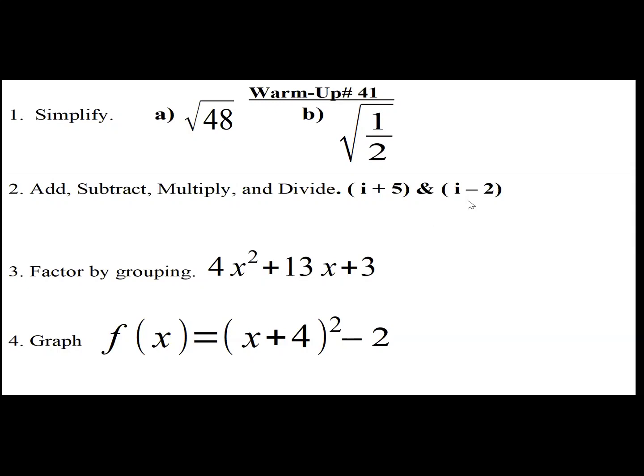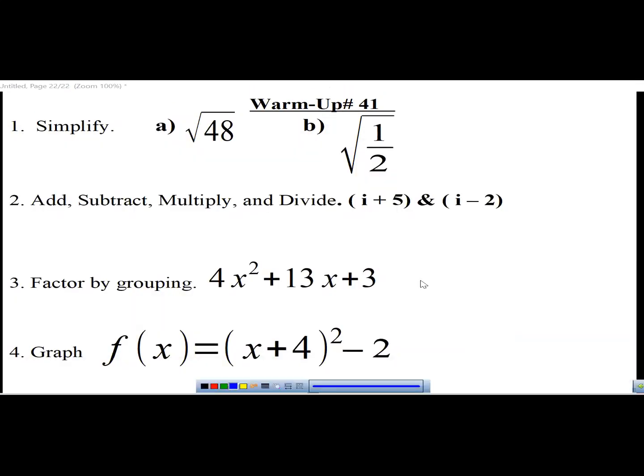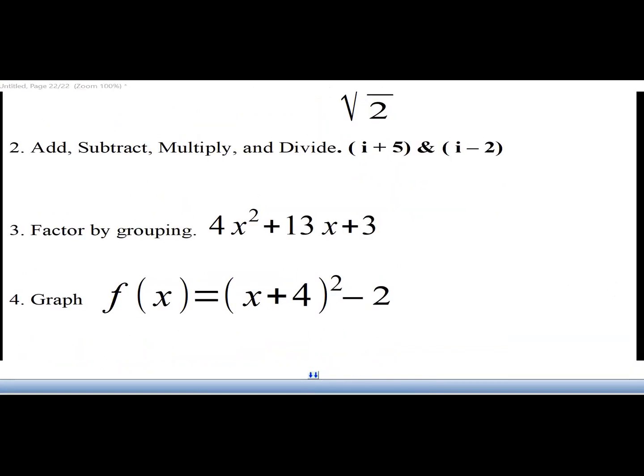All right, let's see what we got. I'm going to start off, guys, by doing numbers 2 and 4, and then I'm going to come back to numbers 1 and 3. Number 2. For addition, once you combine like terms, you should have gotten 2i plus 3.